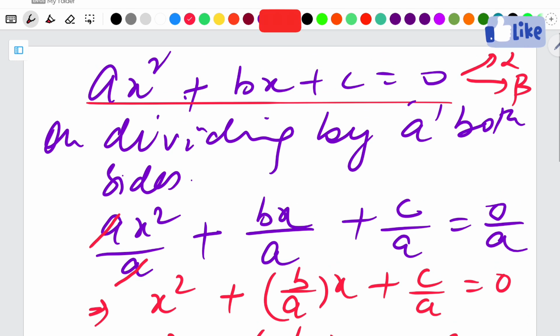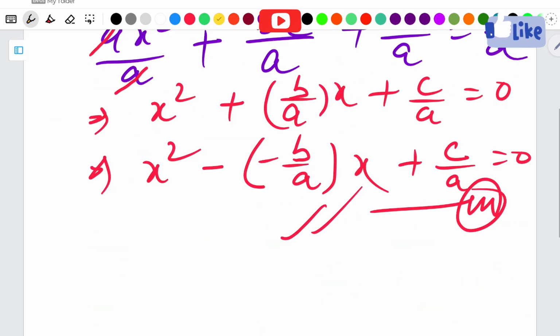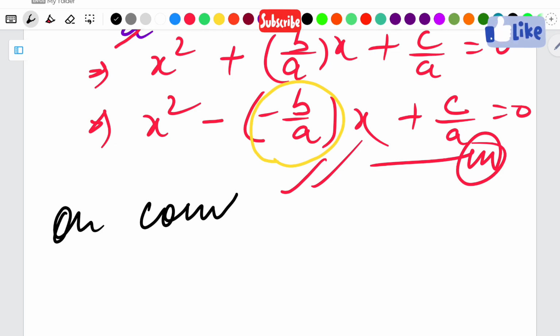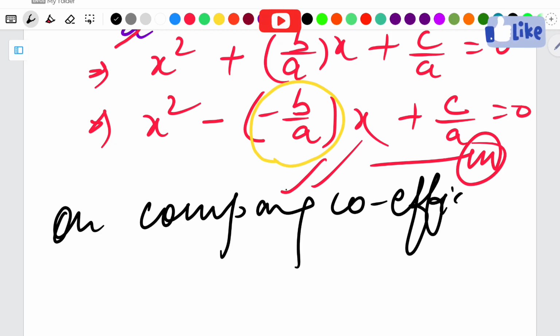So what we are observing here, see, this one is the coefficient of x. So from equation 1 and 2, on comparing coefficients, what do we get?